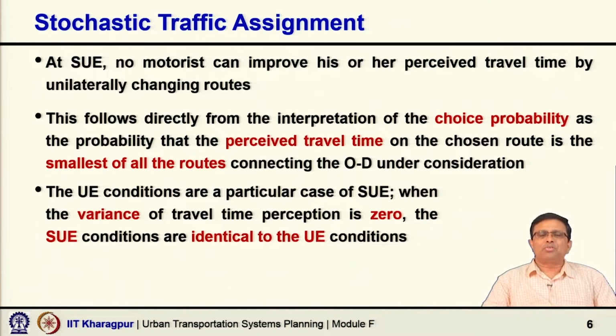So, this follows directly from the interpretation of the choice probability as the probability that the perceived travel time on the chosen route is the smallest of all the routes connecting the OD under consideration.